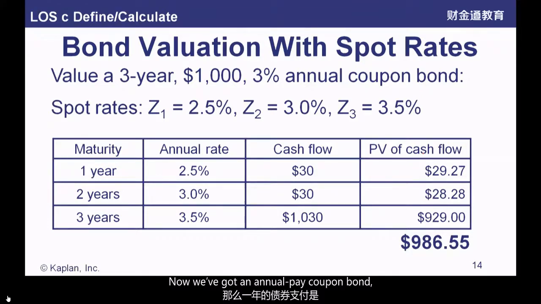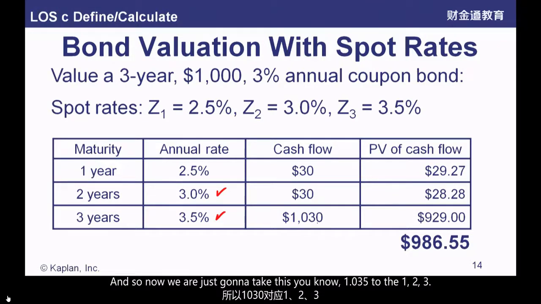Now we've got an annual pay coupon bond. It's a 3% bond. So our cash flows at the end of each of the 3 years are 30, 30, and 1,030. We've got an upward sloping spot rate curve. That is, the 2-year rate's higher than the 1-year rate, and the 3-year rate is higher than the 2-year rate.